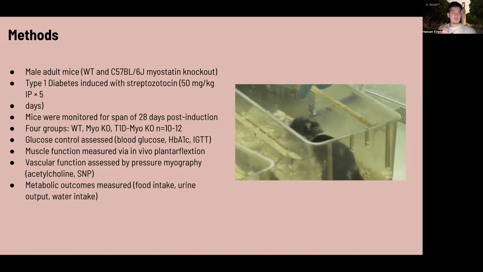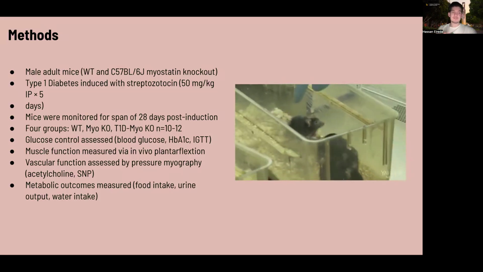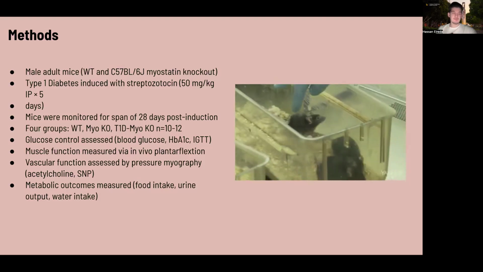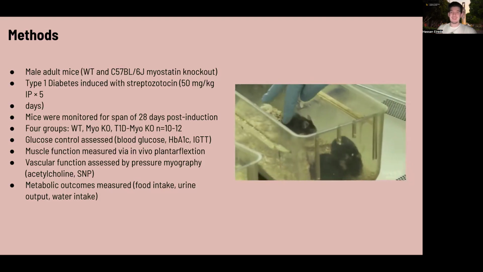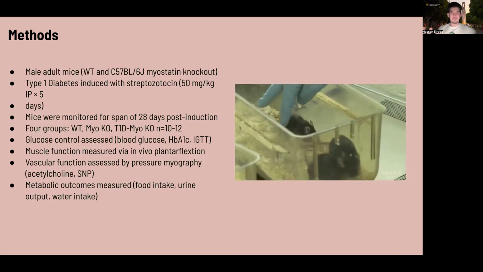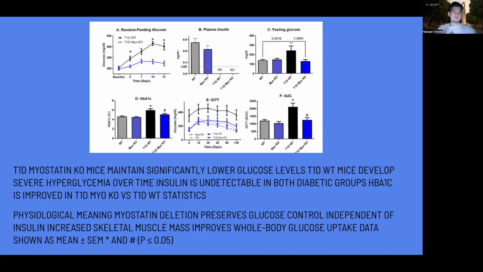They measured blood glucose, HbA1c, muscle strength, vascular function, and metabolic outputs like food and water intake. Muscle function was measured via in vivo plantar flexion. I hope you enjoyed the GIF of the laboratory mice, the universal, well-known mice used in science.